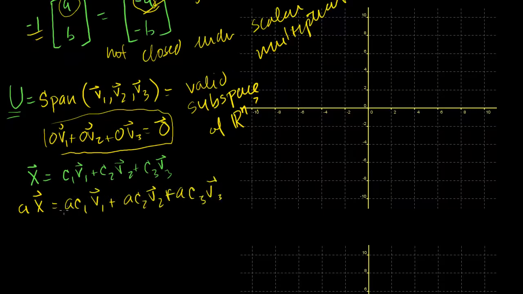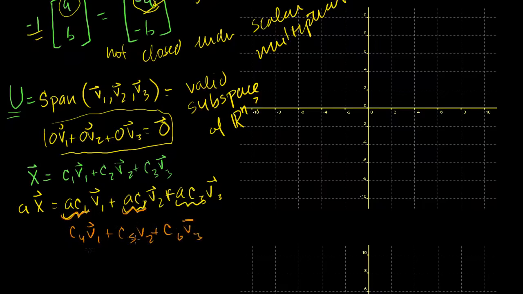If this was an arbitrary constant, you could just write it as another arbitrary constant, and this is another arbitrary constant, and so is this. I want to be clear, all I did is multiply both sides of this equation by a scalar. But clearly, I could rewrite this as c4 times v1 plus c5 times v2 plus c6 times v3.